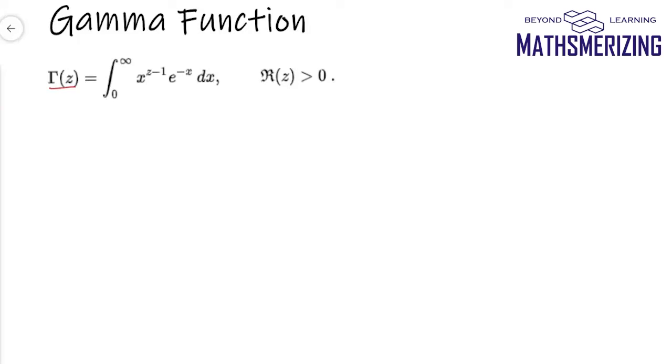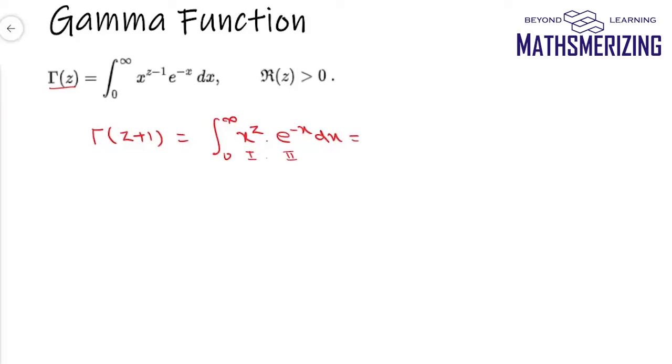Now, suppose I have a gamma function which is defined as gamma of z plus 1, and I can write it as integral 0 to infinity, and in place of z I'll write z plus 1, so I can write it as x to the power z into e to the power minus x dx. Now if I use integration by parts, so I'll take x^z as first function and e^(-x) as second function.